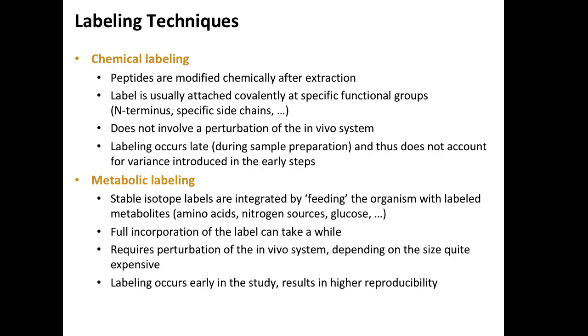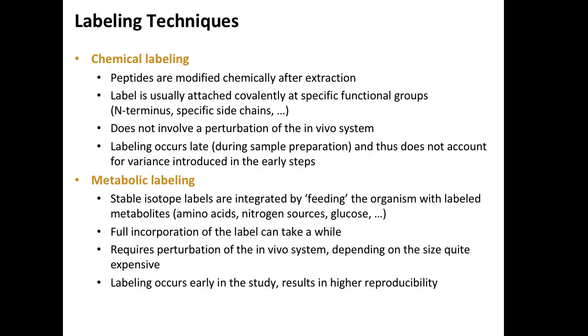That is why it's generally applicable also to clinical samples. One of the reasons why iTRAQ and TMT are so popular with clinical proteomics. The labeling does occur rather late during sample preparation, and that is why the labeling is not pulled through early sample preparation steps. So if you have variance introduced there, you will not see that. Well, you will see it, but you will not correct that in the labeling.